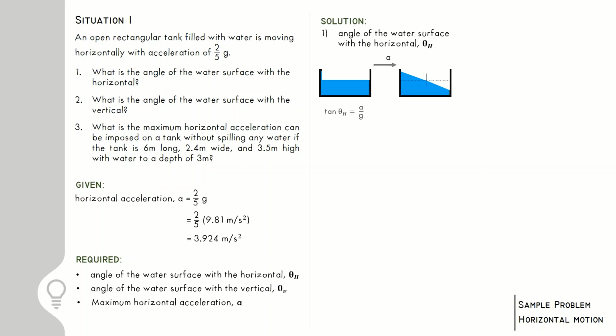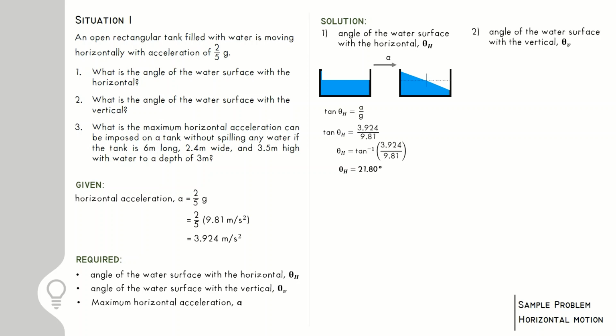Using the formula tangent theta is equal to A over g, substituting the given into this equation, we have tangent theta is equal to 3.924 meters per second squared over 9.81 meters per second squared. And by arctangent, we can compute for the angle. Arctangent of 3.924 over 9.81 is equal to 21.80 degrees. So this is now the angle of the water surface with respect to the horizontal.